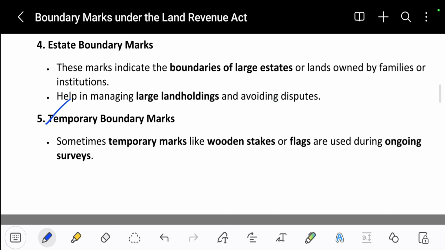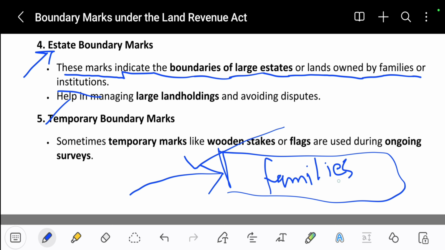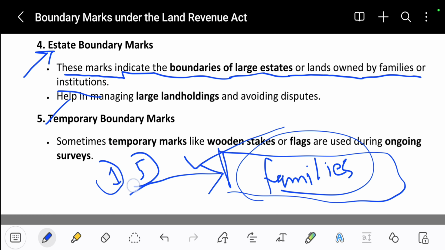So this is how it is done in survey boundaries. Next heading is estate boundaries. These marks indicate the boundaries of large estates or lands owned by families or institutions. If there are huge or big lands, that's the reason they are called estate boundaries, because this type of land is owned by a huge family. The owner is not one but more, it could be more than 5, and those 5 owners could be a family.